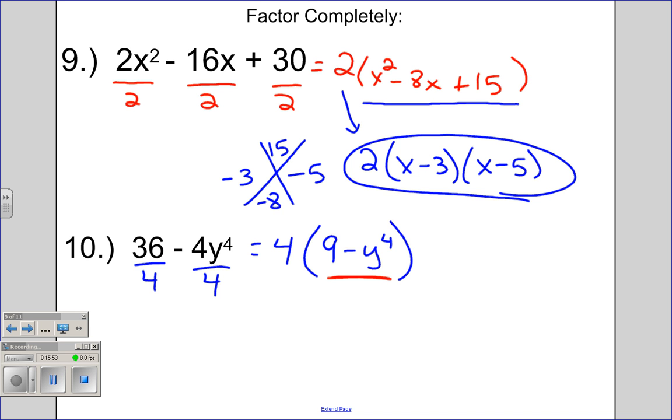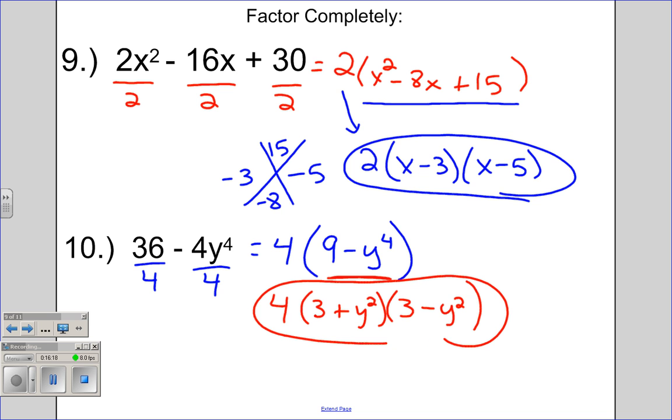It's not a trinomial, but what is it? Difference of two perfect squares. So you're going to bring down the 4. And then what squared gives me 9? 3. Multiply to give me a negative. Positive and a negative. And then what gives me y to the 4th? Y squared and y squared. And that is your answer.